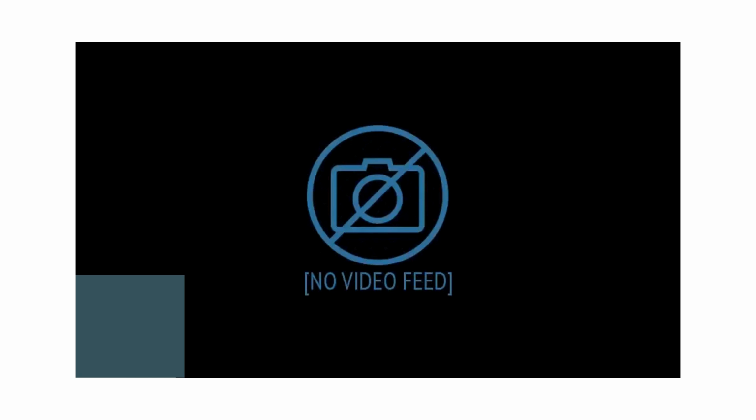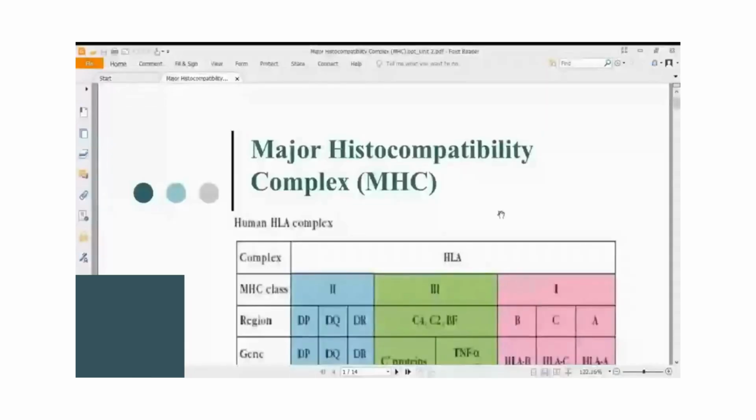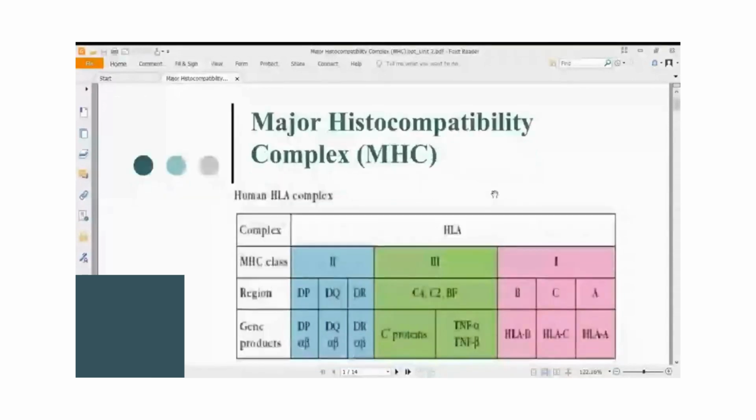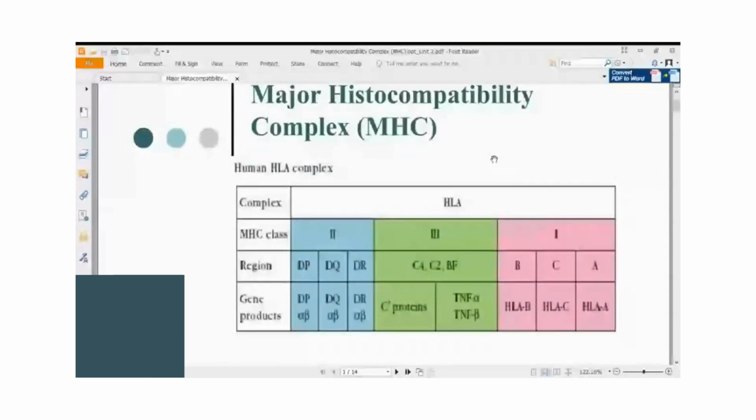The major histocompatibility complex is nothing but the antigens that are present on our nucleated cells as tissue markers, which give identity to us and give a fingerprint identification, and it can tell which tissue the antigen belongs to.